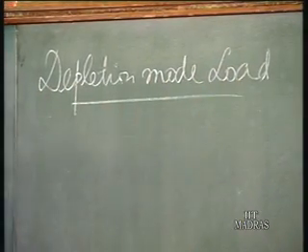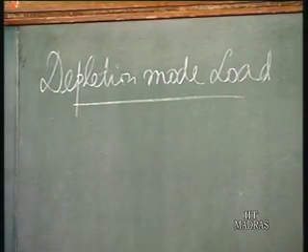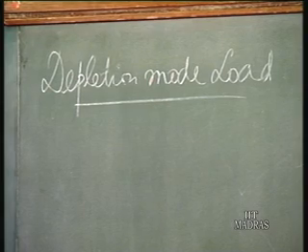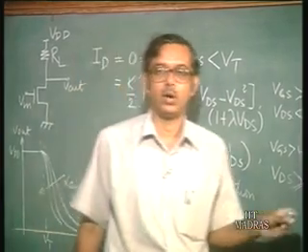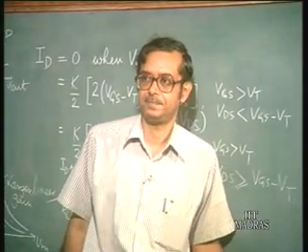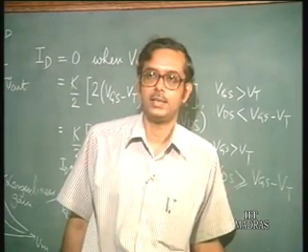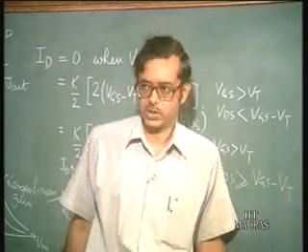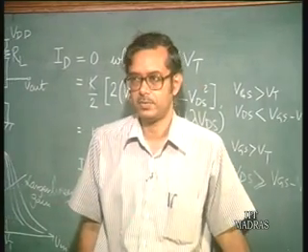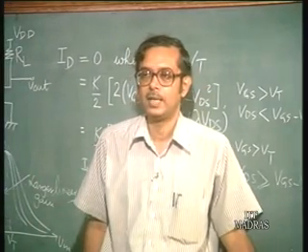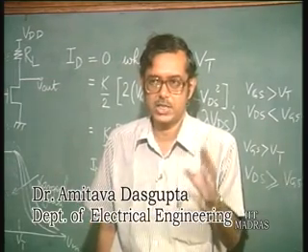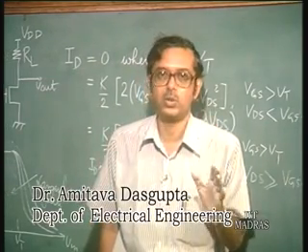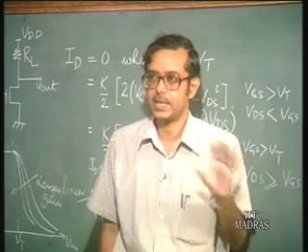Now, all the transistor characteristics or the devices which we have been discussing now come under the category of enhancement mode devices. That is, the threshold voltage of such a device is positive, greater than 0, and at Vin or Vg equal to 0, the device is off, it does not conduct.